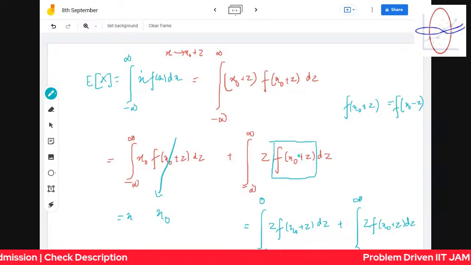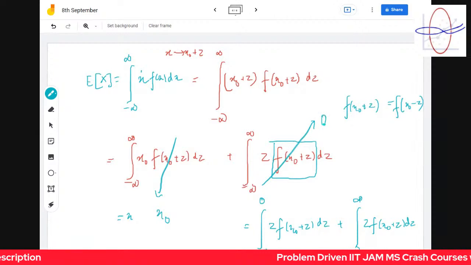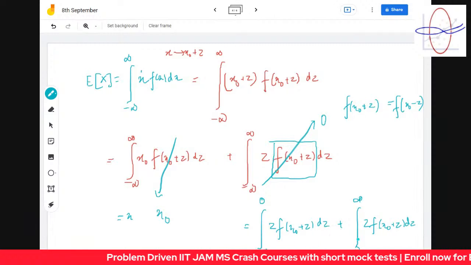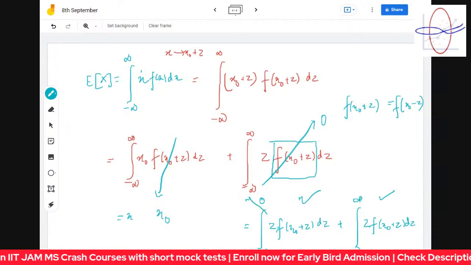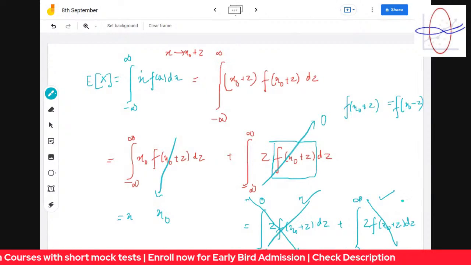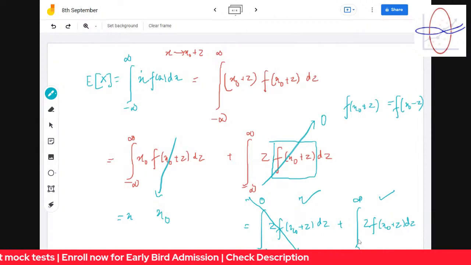So this will turn out to be 0. But it will turn out to be 0 only if this integration exists. So this turns out to be 0 only if these two integrations are finite, but these two integrations may not be finite, I'm sorry, are not always finite.